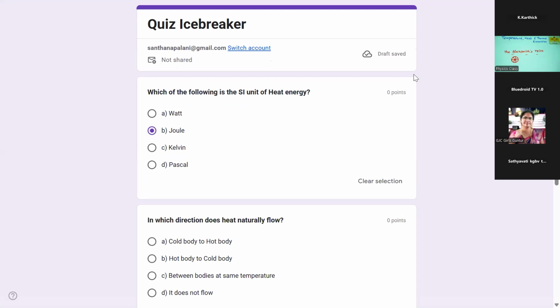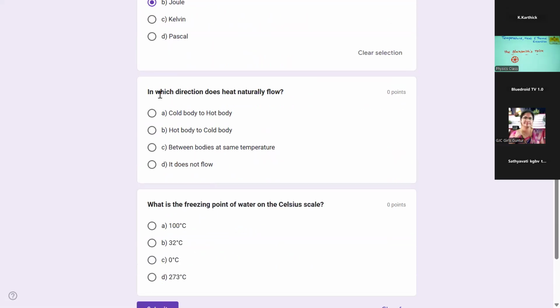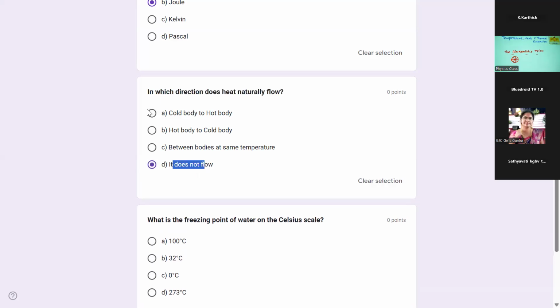Very good. Second one: in which direction does heat naturally flow? From cold body to hot body, or hot body to cold body? Between bodies at the same temperature, it does not flow. Which one is correct?